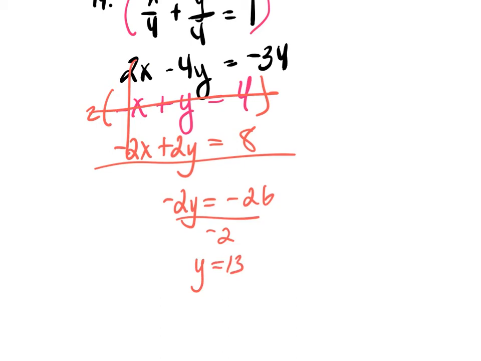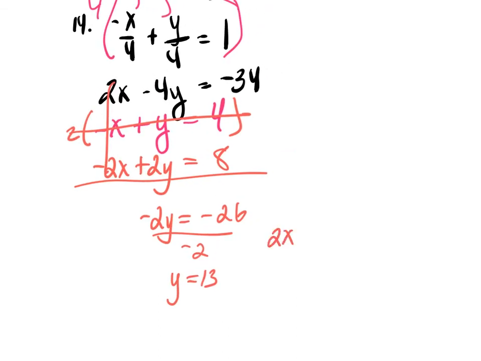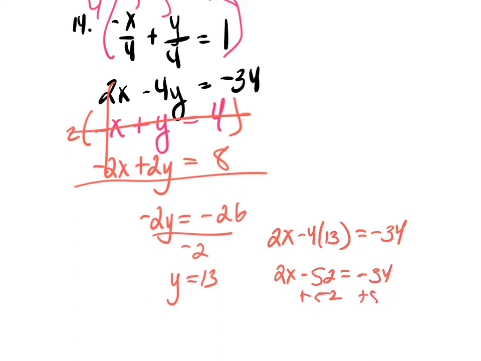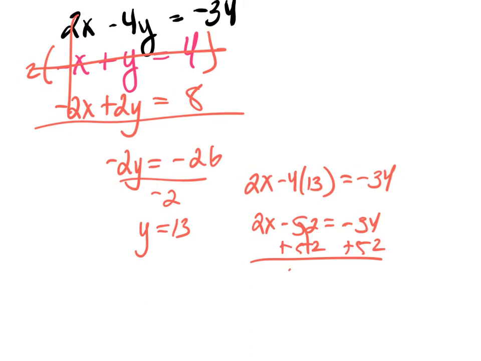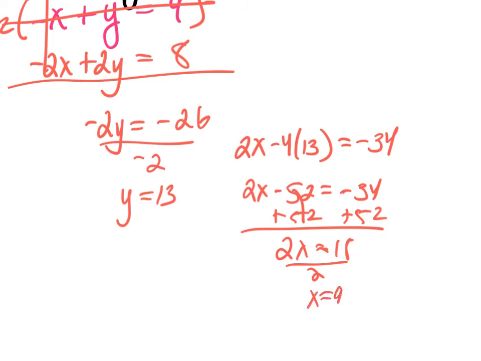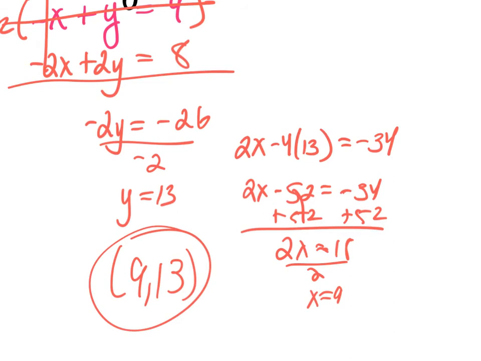Now I'm going to take 13 and plug it back in, so I have 2x minus 4 times 13 equals negative 34. 2x minus 52 equals negative 34. Add 52 to both sides. 2x equals 18. Divide by 2, and x equals 9. So you have the ordered pair of 9, 13. And plug it back in to see if your answer is correct.